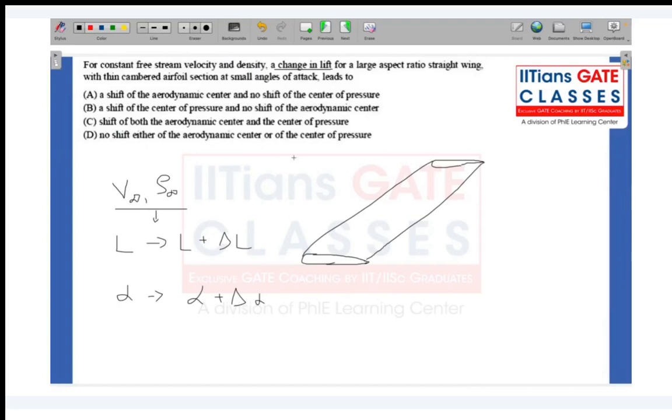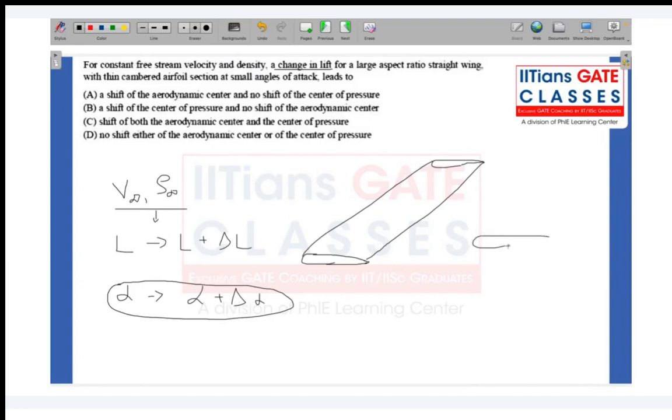So we know that here, the change in lift has happened because of change in angle of attack. And we know that aerodynamic center does not change with angle of attack. But we know that the center of pressure, its location can change with angle of attack, because center of pressure is nothing but the location where the resultant of all your forces acts.